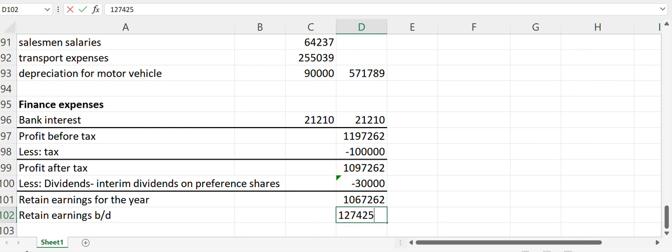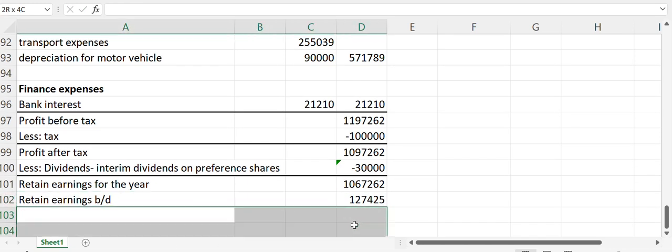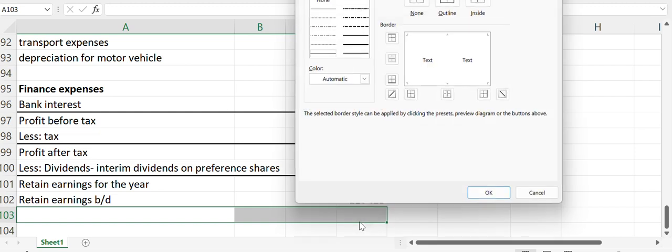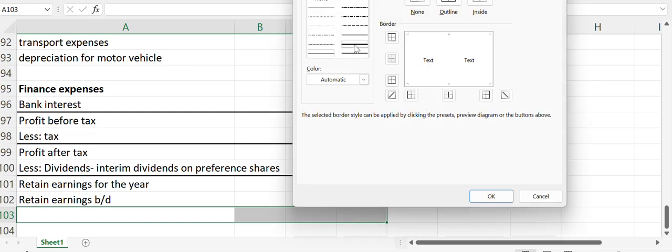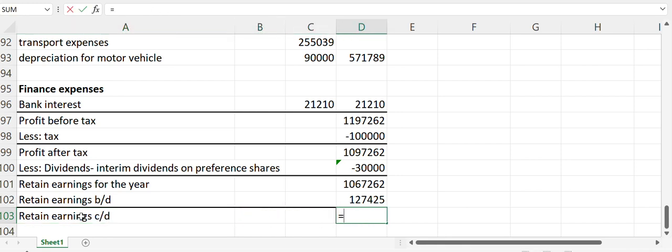Let me confirm, 127,425 here. So that now you get what we call retained earnings carried down. So you add the two.